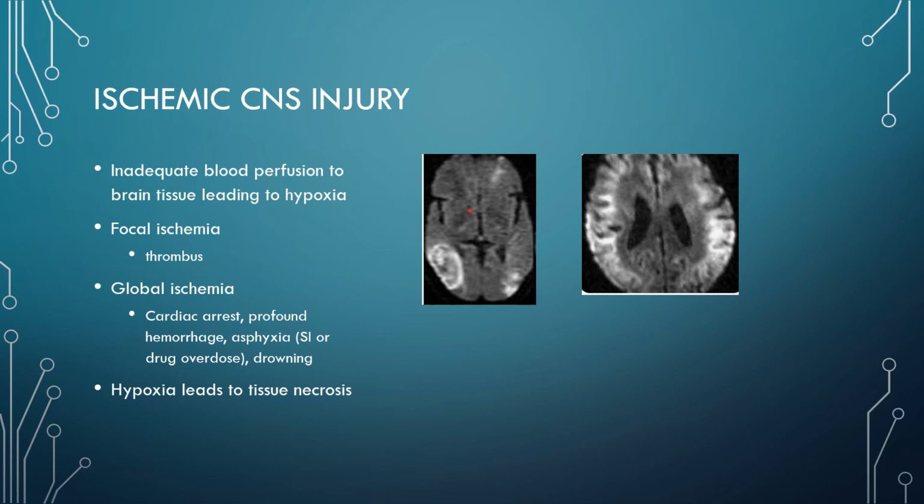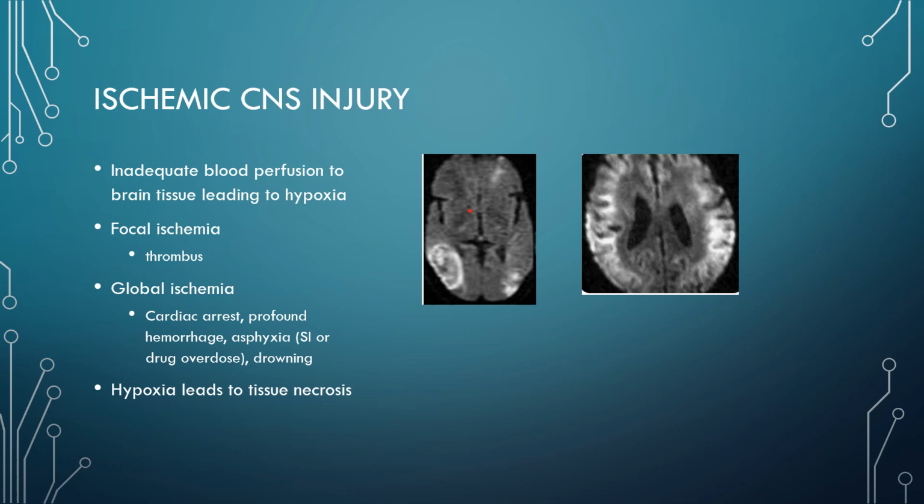The pictures, the one image of the brain on the left, the darkish brain tissue, that's what we want to see on an MRI like this. The bright white spots are areas of tissue hypoxia and then subsequent cell death. So the picture on the left, that's a focal ischemic area or lesion.